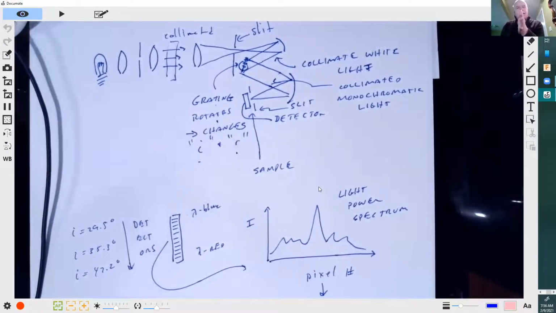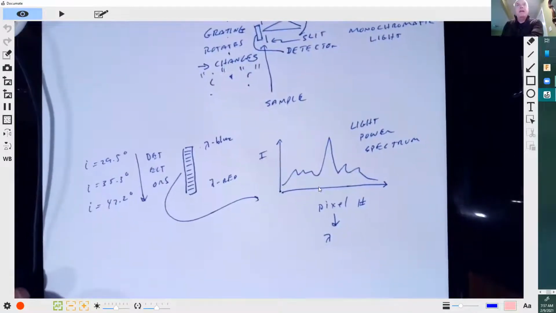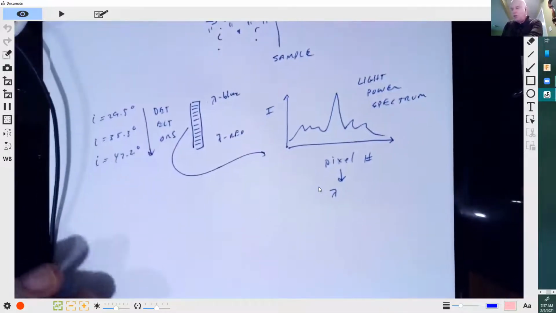It could be a flat aluminum mirror with a series of parallel lines of even spacing just scratched into it, for example. Let me draw you a grating.